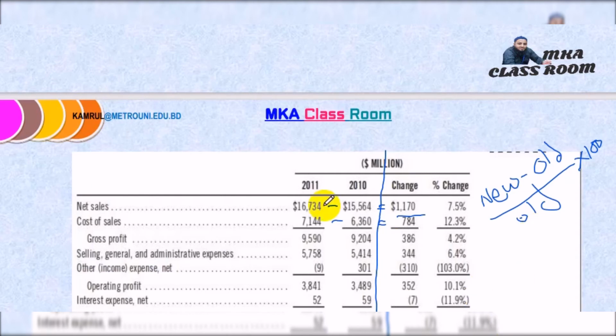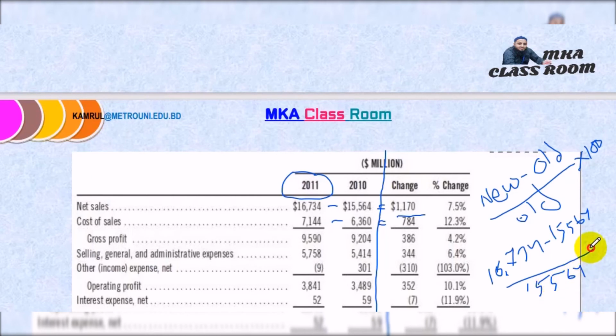As like new, that is the new 2011, 16,734 minus 15,564 divided by 15,564 into 100.